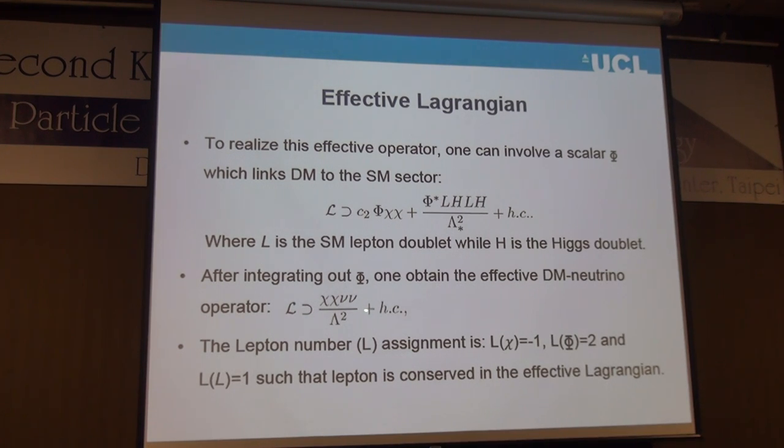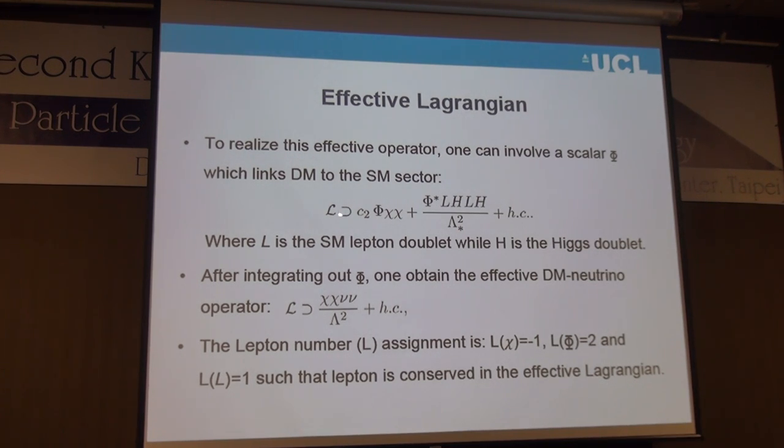Now here comes the important thing. If you stare at this Lagrangian here, if I assign the lepton numbers in this way, the chi I assign -1, right? And the phi I assign 2 here. So this one, -1, -1, 2, is 0.